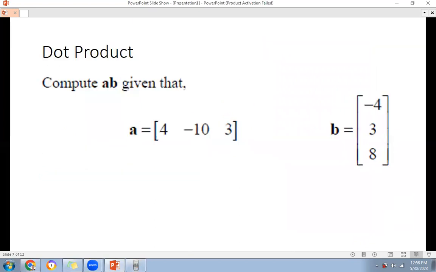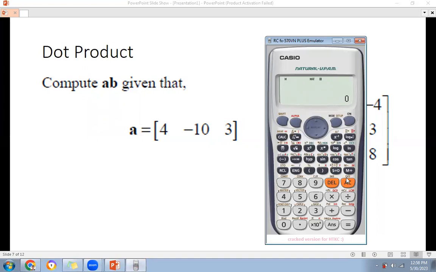Next, how about the dot product? The dot product is not the same as matrix multiplication. For the dot product, we go to vector, and then we define vector A and vector B. For vector A, the dimension is either 1 by 3 or 2 by 2, so it's 1 by 3: 4, -10, 3.